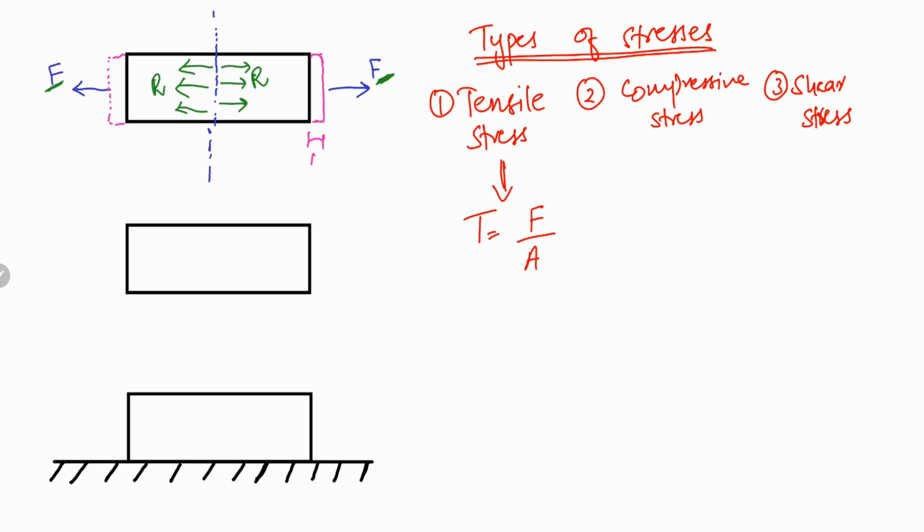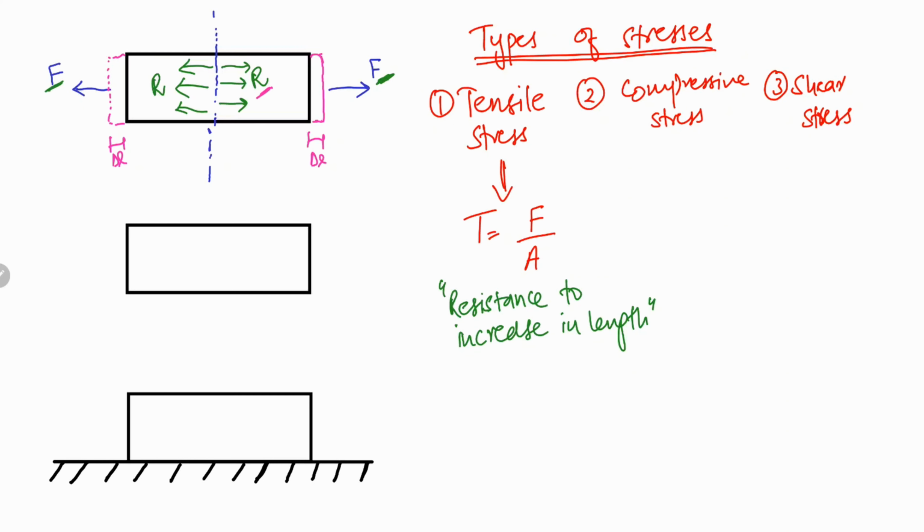So this is delta L, for example, and this is also delta L. So the resistance that is created inside the object to avoid the increase in length is known as the tensile stress. So it is basically the resistance to increase in length in a body that is known as the tensile stress.